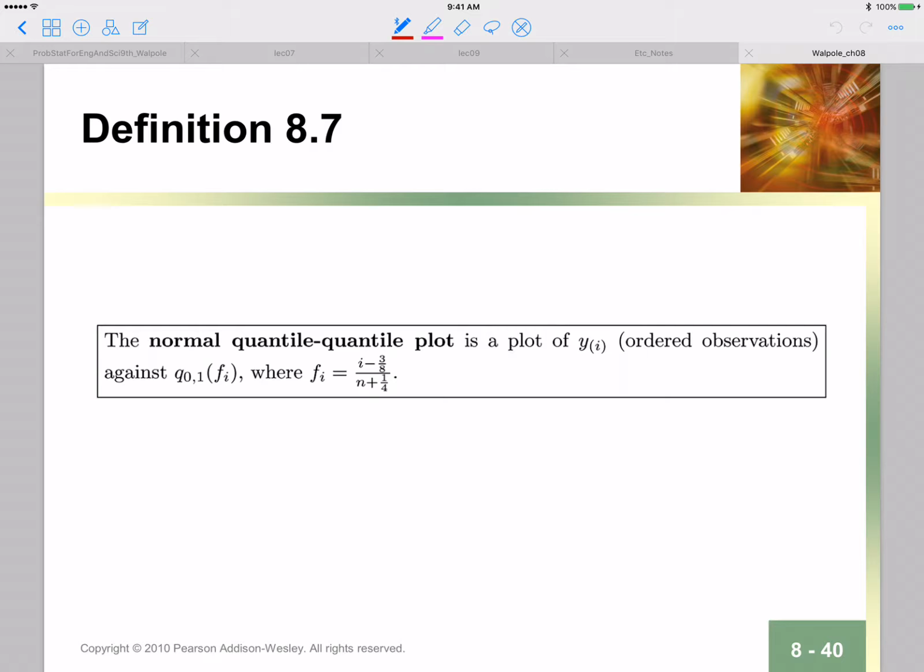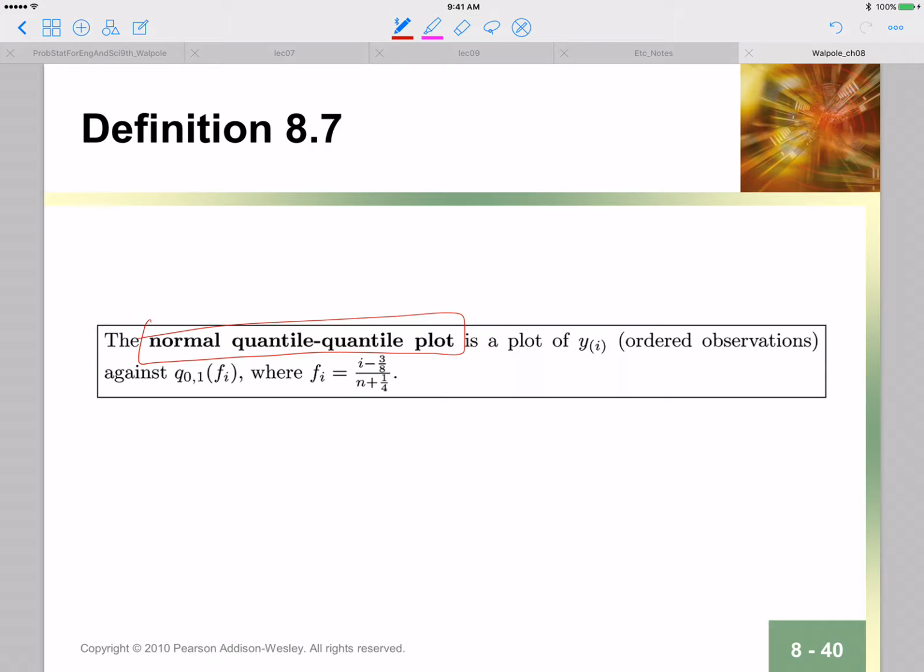Now we think about the normal quantile-quantile plot. We learned the quantile plot, and then this normal quantile plot. So we see quantile two times, right?